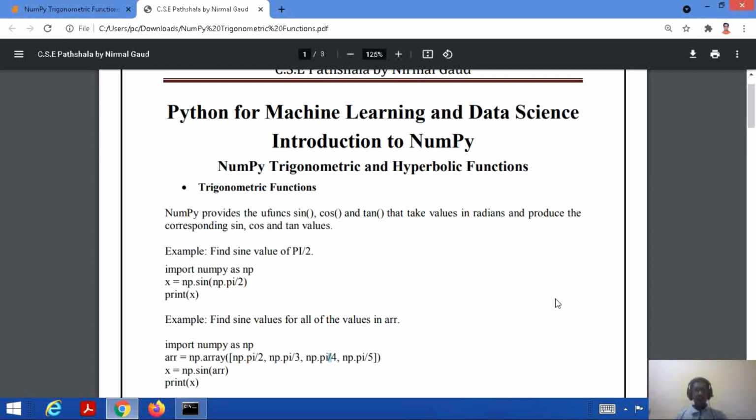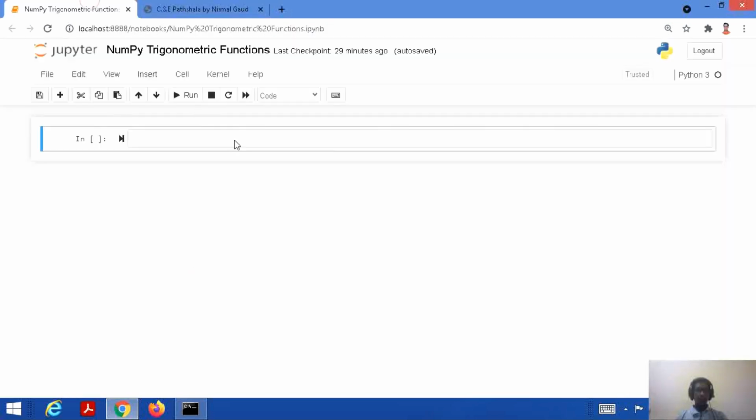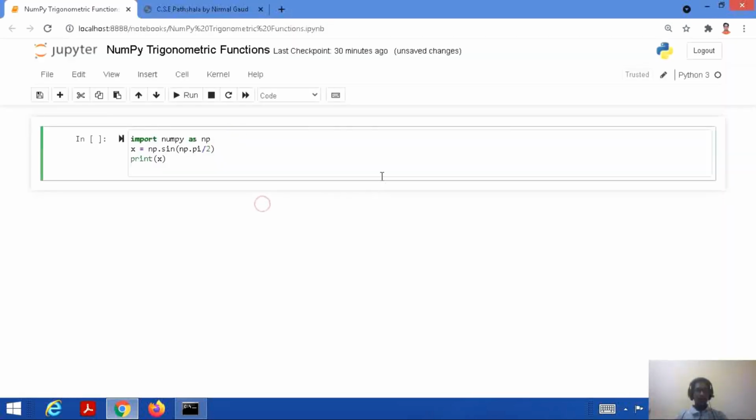Let's start with our first example, where we need to find the sine value for pi by 2. So consider this code and implement it on Jupyter notebook. Import numpy as np, x equal to np.sin. So we are using a universal function sin. Here we are giving np.pi by 2.